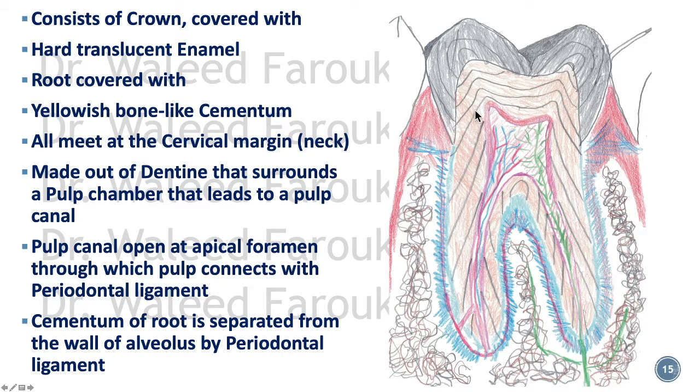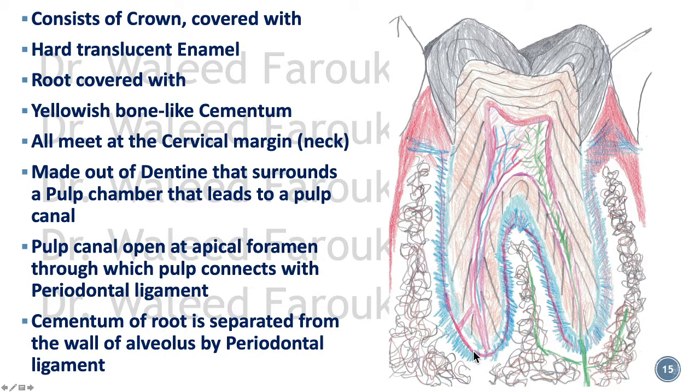As we said, the dentin fills up a major part of the tooth, and it has a central pulp within it. We'll talk about that. Observe that the pulp connects inferiorly through a pulp canal and a pulp foramen with this membrane, which is the periodontal membrane. It's continuous with the periodontal ligament.